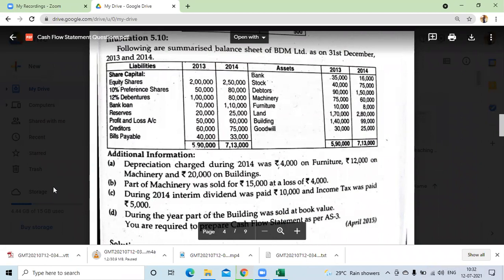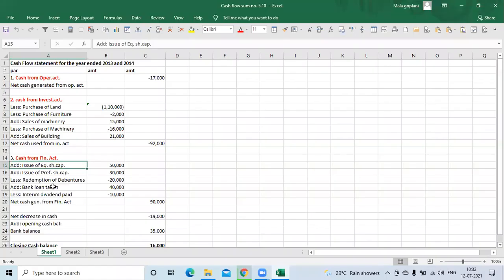So cash comes in means add. Which activity? Financing. Go to financing activity and again write add issue of preference share capital. 80,000 minus 50,000, so it will be 30,000, in the inner column. See how simple the chapter is.